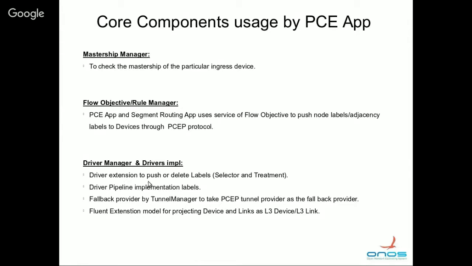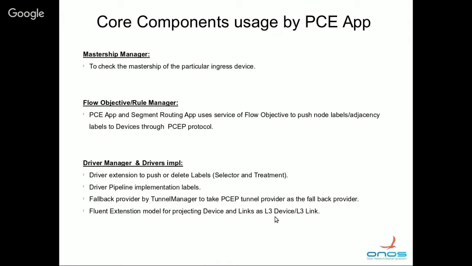And the driver manager and driver implementation we use for selector and treatment extensions, and the driver pipeline and fallback provider for the tunnel manager, and also for the fluent extension model for projecting devices and links as L3 devices and L3 links. I think this is the new work, and we'll be using this projection modeling for PCE work as well.